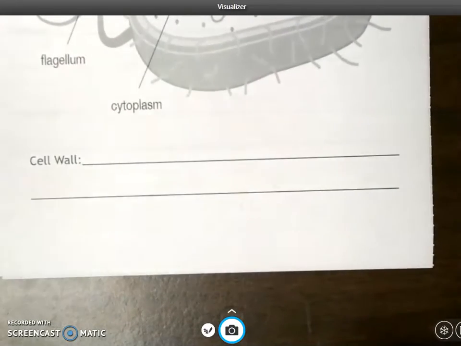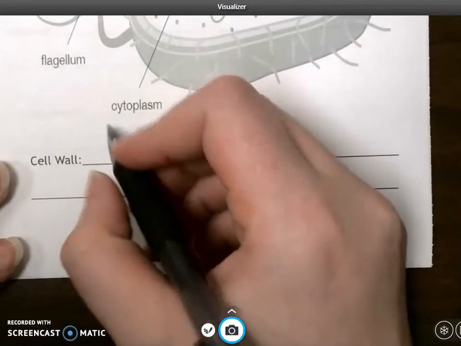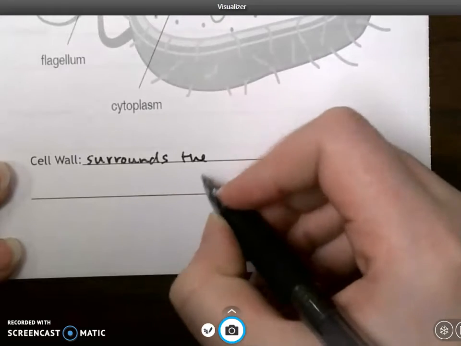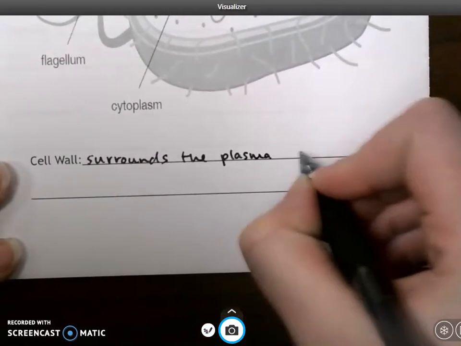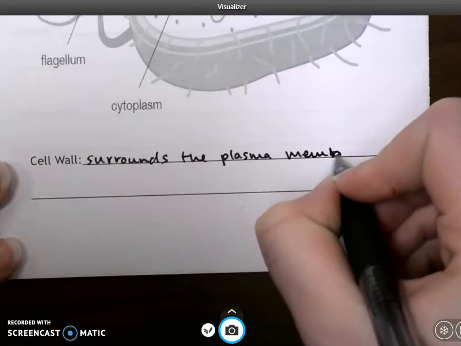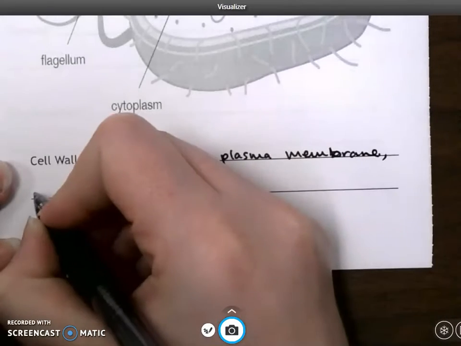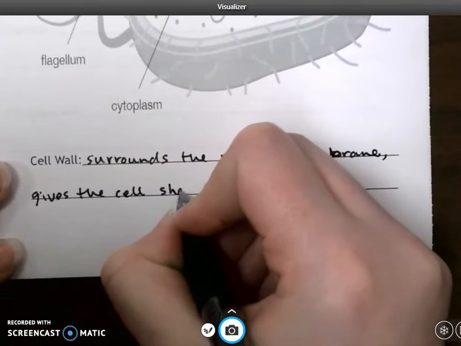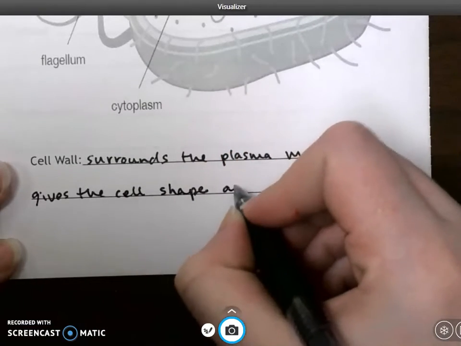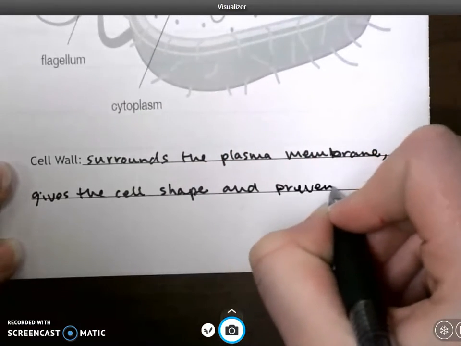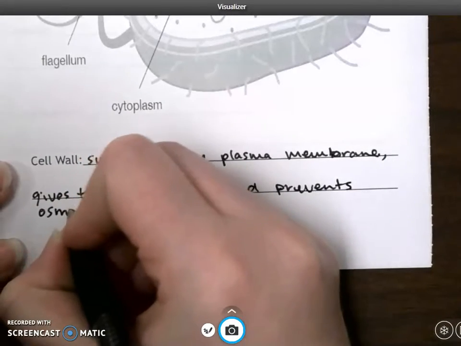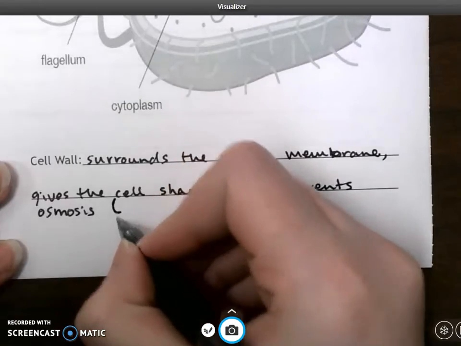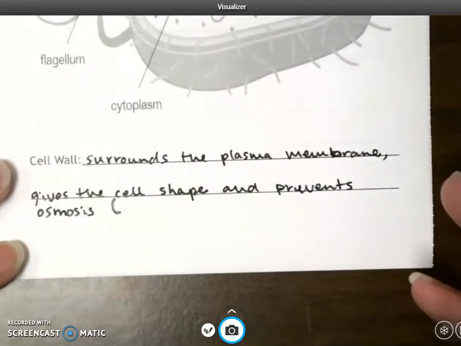Once again, we got to write small. Sorry about that, guys. The cell wall surrounds the plasma membrane, gives the cell shape, and prevents osmosis, which is the movement of water into the cell, or just osmosis is general movement of water across a membrane.